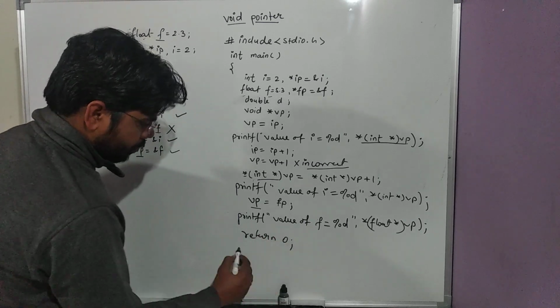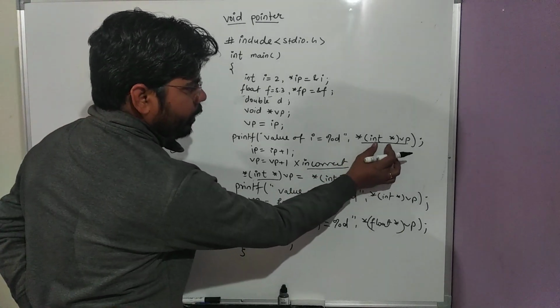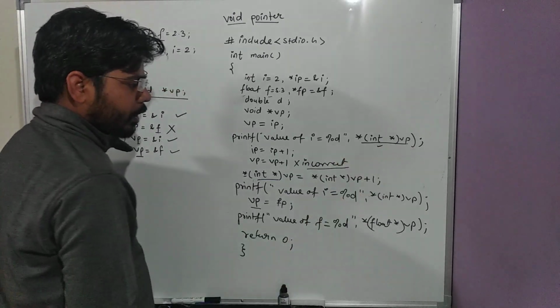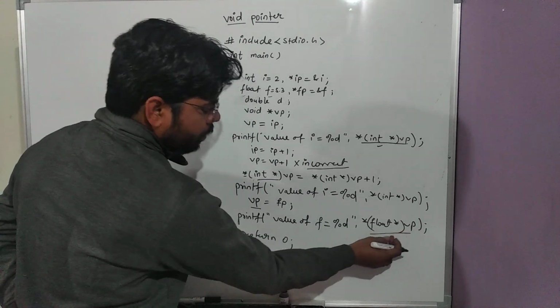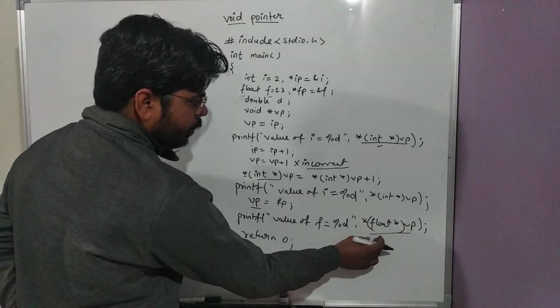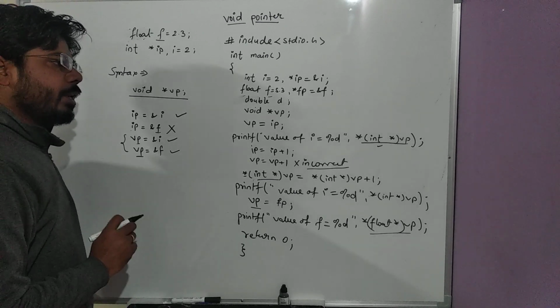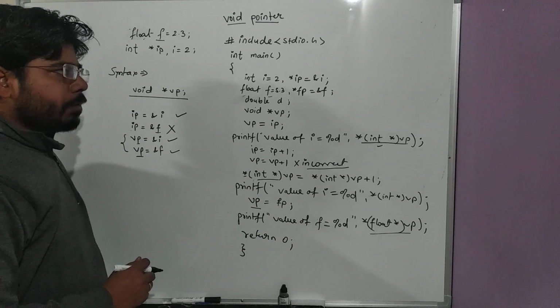Return 0, and that is closed. So using int asterisk, this statement typecasts this void pointer to int pointer type, and this statement typecasts this VP void pointer to the float type. Okay, so this is a very important thing we need to remember while programming with void pointer.